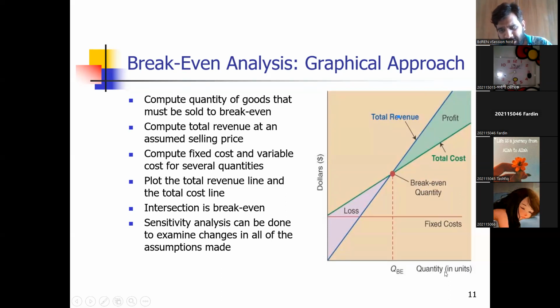In case of dollar, you will write here not the quantity, sales volume in dollar. Here you will get the break-even point. In case of quantity, you will get in the horizontal line.